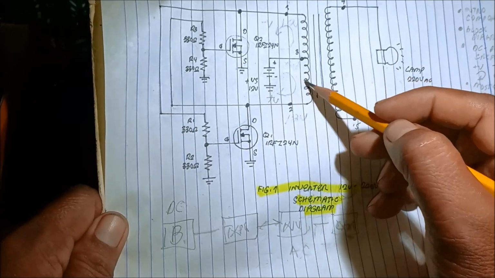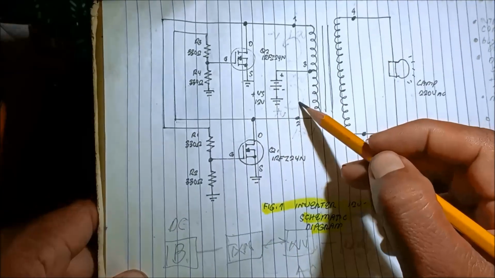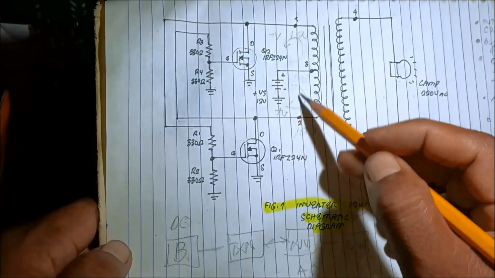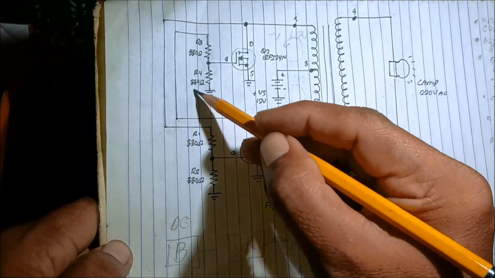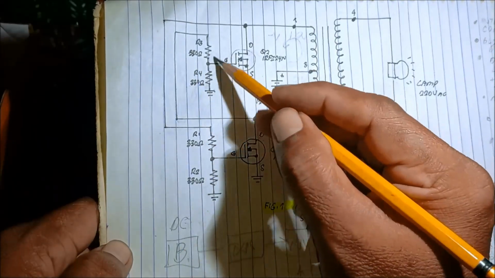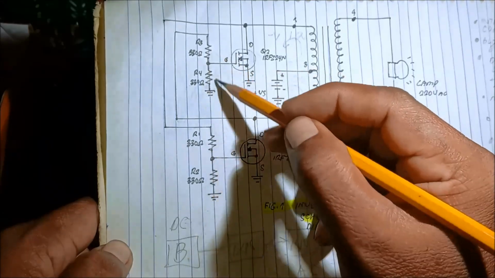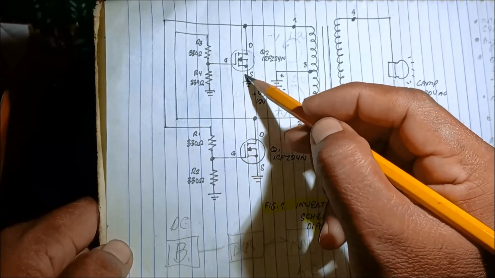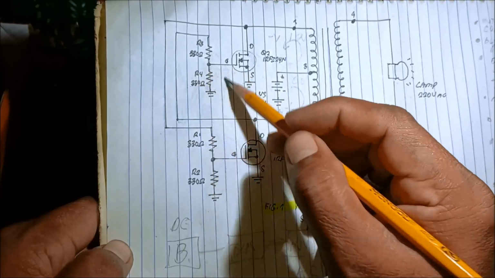And then feeding it to the, let us see this clockwise, feeding it to the base, to the gate, to the resistor, and then to the gate, switching this MOSFET on. Remember that this is a biasing resistor.